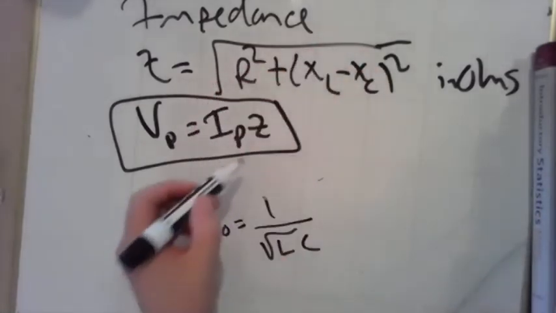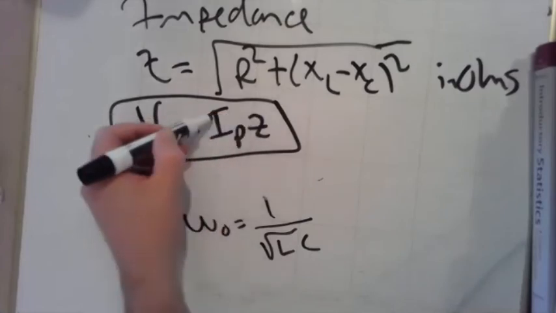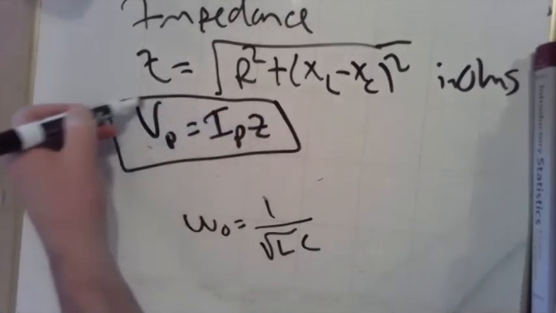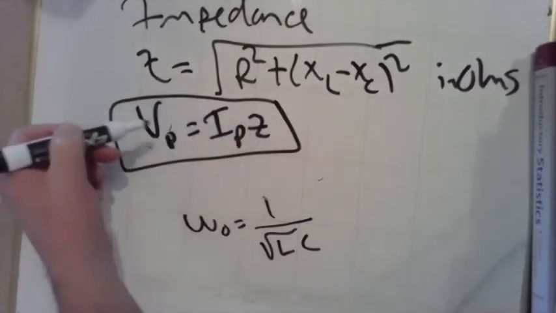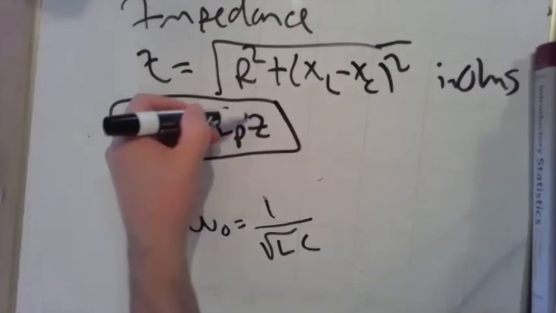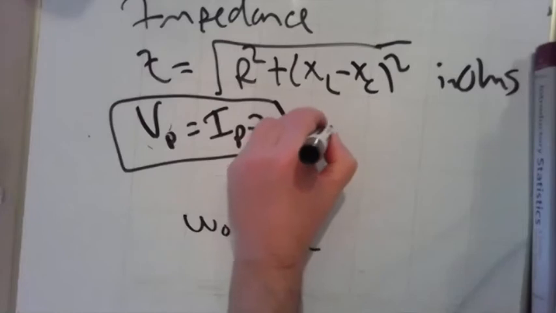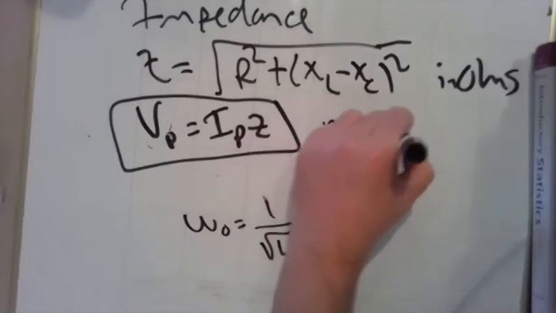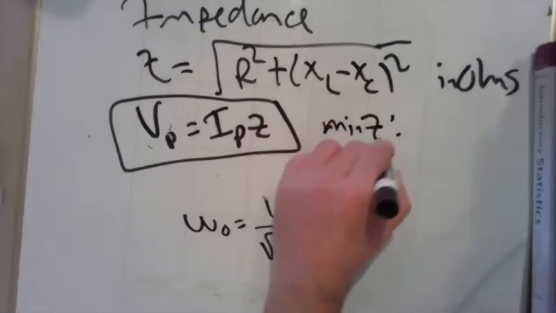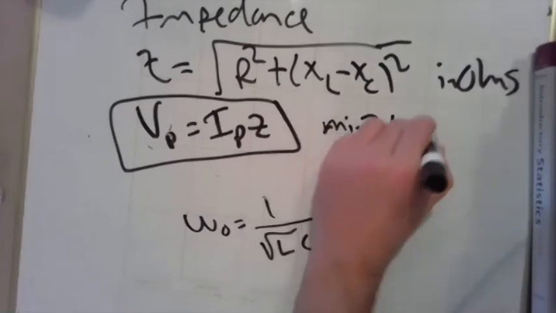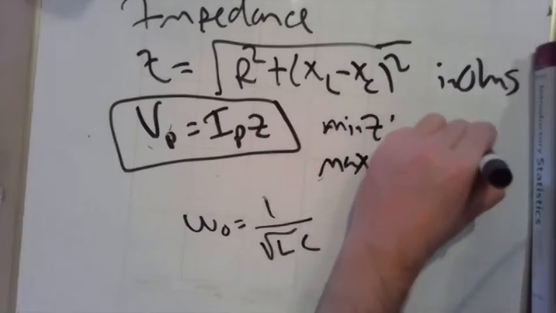If this is the lowest, we're not playing with the voltage, we have a voltage source. If I minimize Z, then I maximize I. So minimum Z, which corresponds to maximum I, is when XL equals XC.